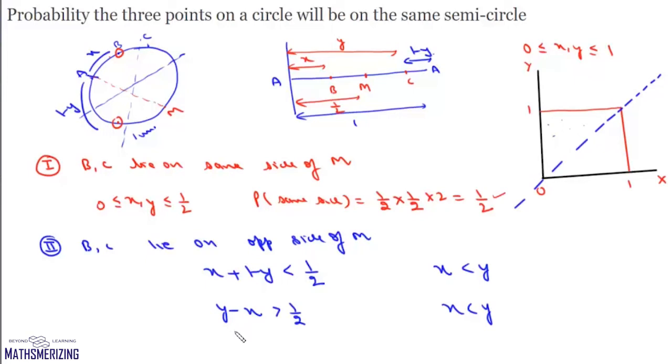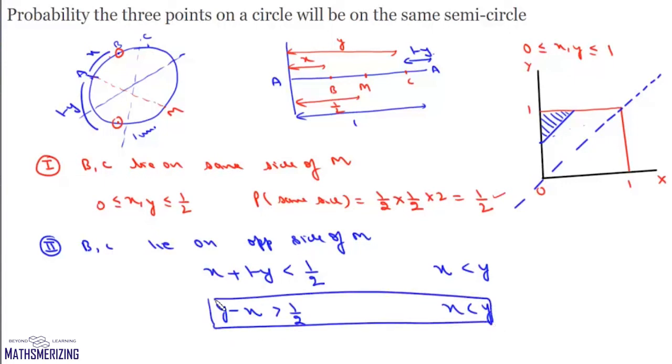In this region, we have to find the region corresponding to this inequality. When the value of x is 0, the value of y is 1/2. And when the value of y is 0, the value of x is minus 1/2. So it will be this line. Now if we put the point 0, 1, it satisfies this condition. So we are talking about this region, the region we get from this condition.